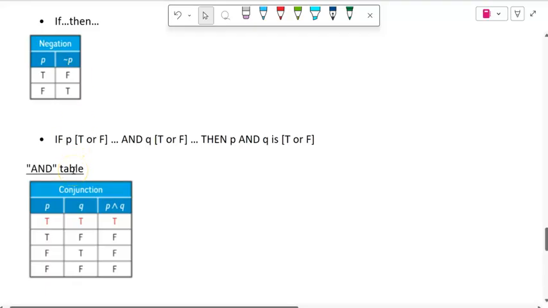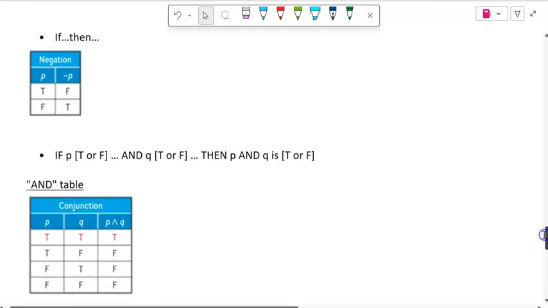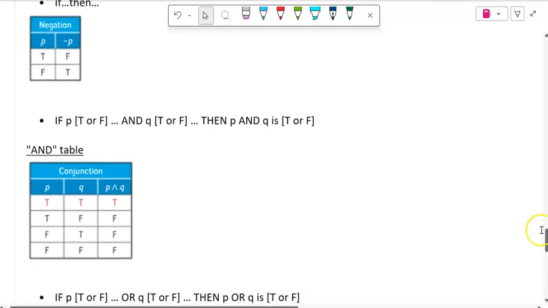For an "and" table, that's a conjunction, right? It's the up arrow. Both P and Q, both statements have to be true. Both statements have to be true for the conjunction to be true, right? This is the only way a conjunction can be true, is if both statements' truth values are true. Anything else in a conjunction, if you have one statement that's false, the conjunction is going to be false.